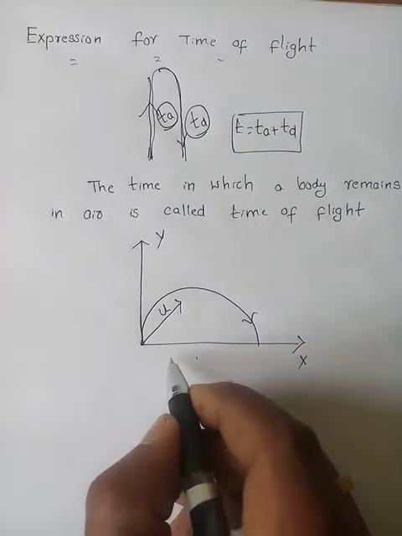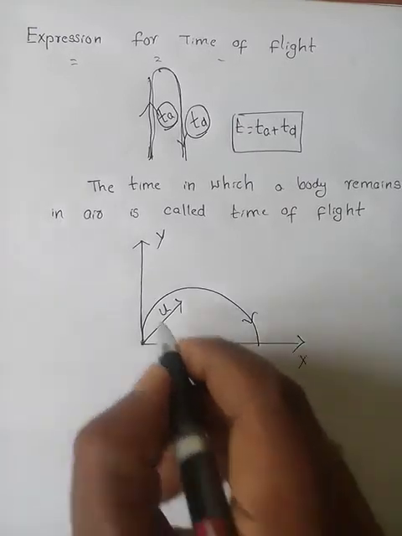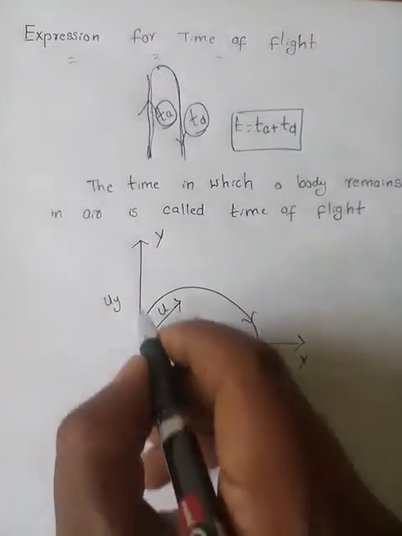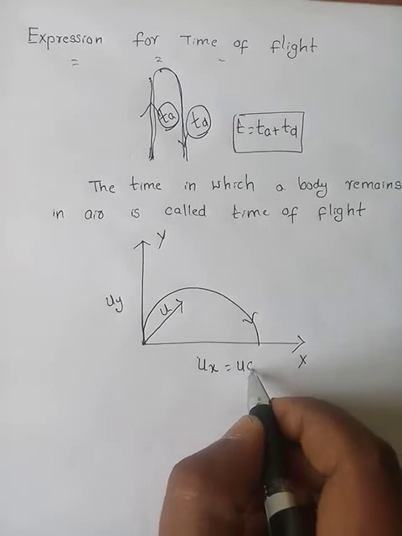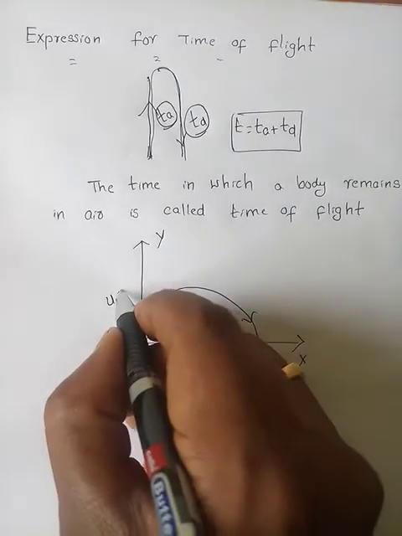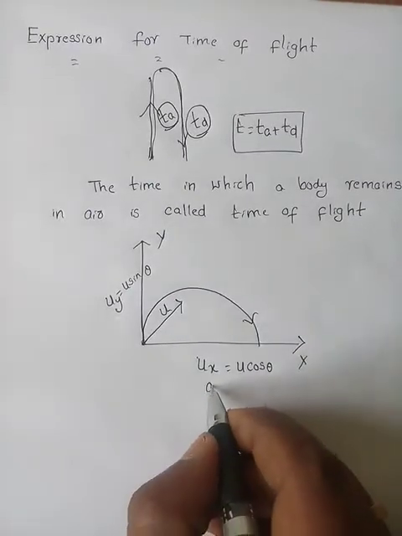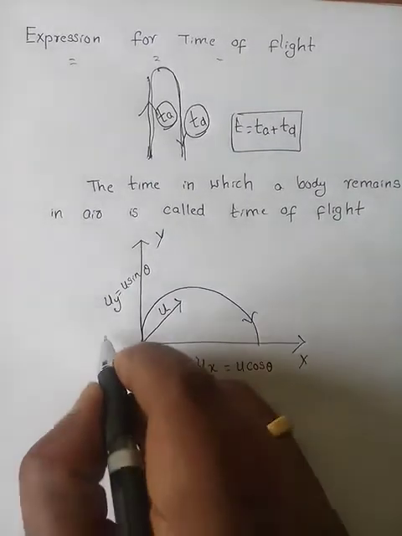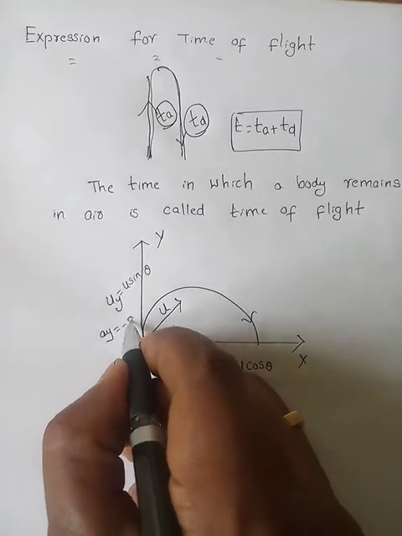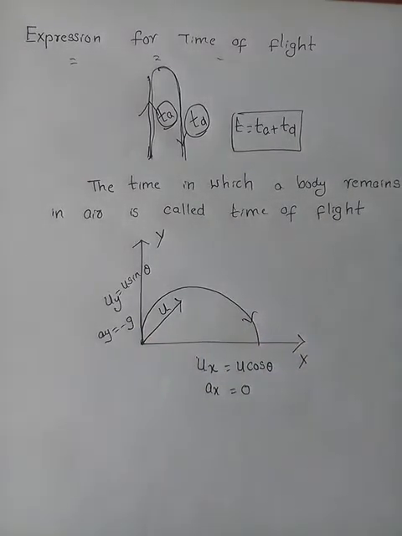Its components are divided into 2 components, ux and uy. You know ux is as usual u cos theta, uy is u sin theta. ax is 0, ay is minus g.